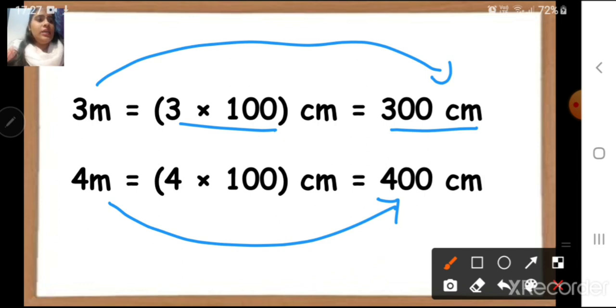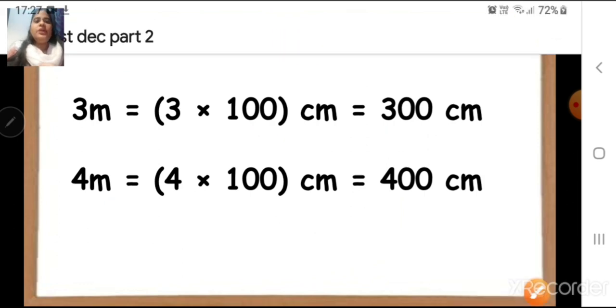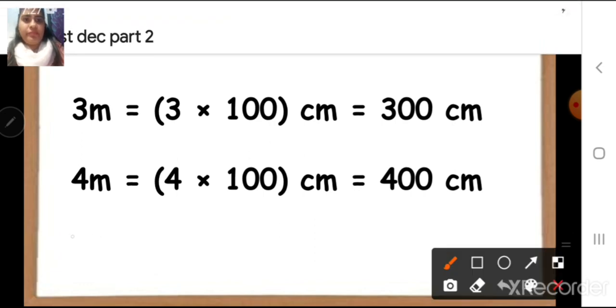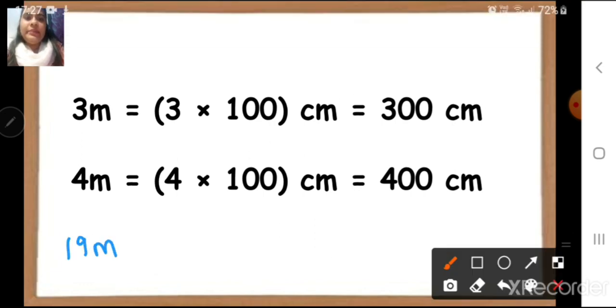Children, now for example, if I want to find out 19 meters. How will I find out? Simply I have to multiply by 100 if I want to convert from meter to centimeter.